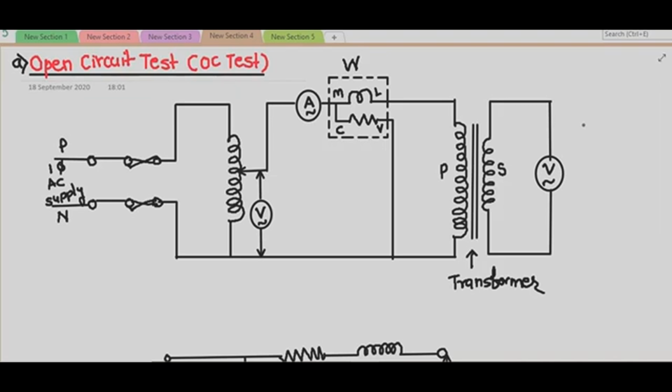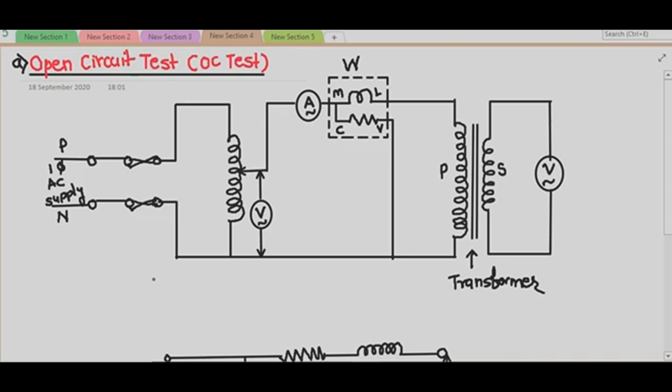Because the resistance of the voltmeter being very high, your secondary is just regarded as an open circuit without any load when we connect the voltmeter across the secondary.